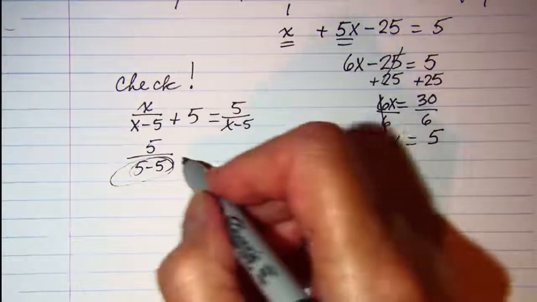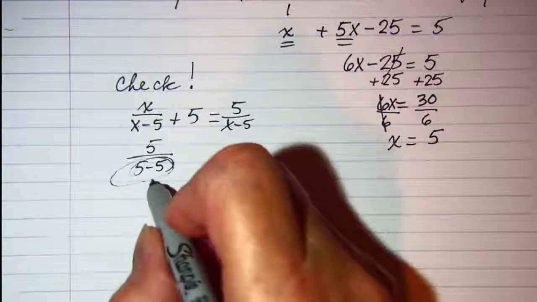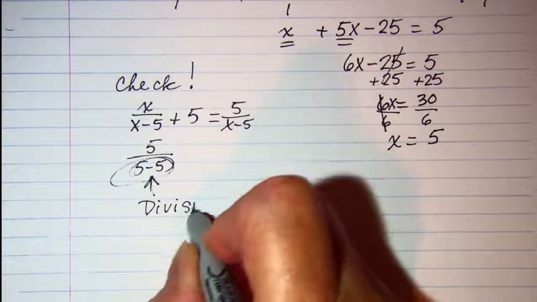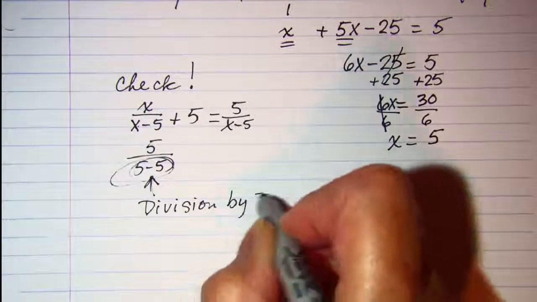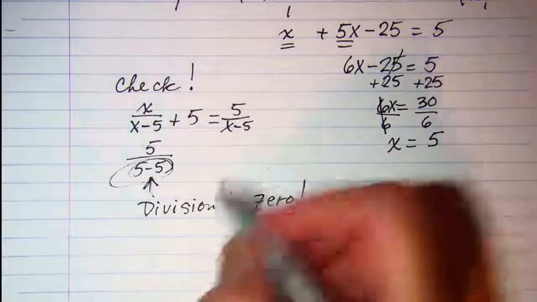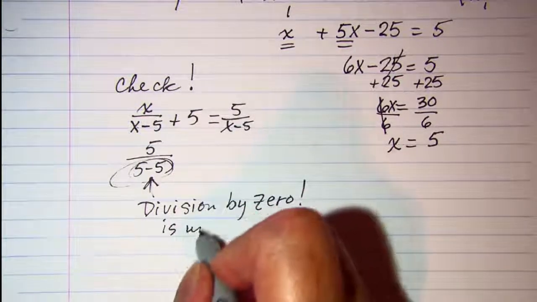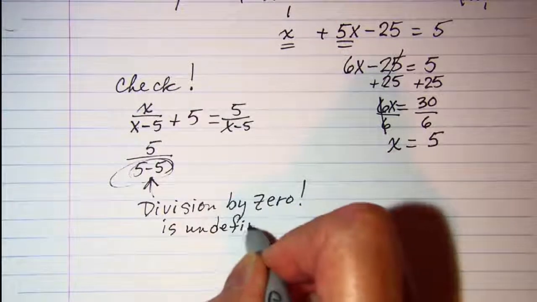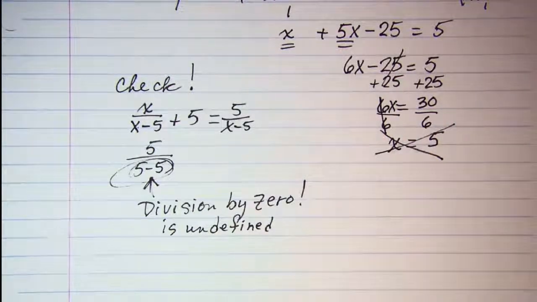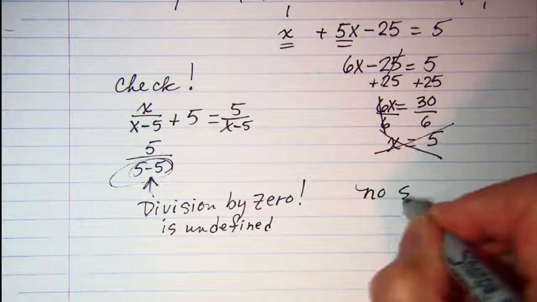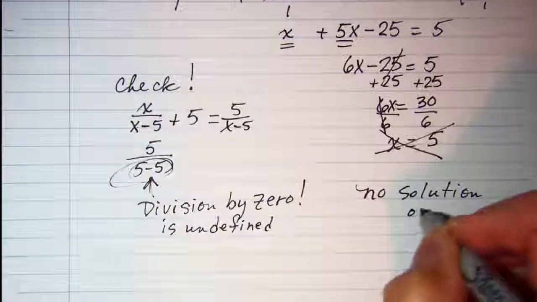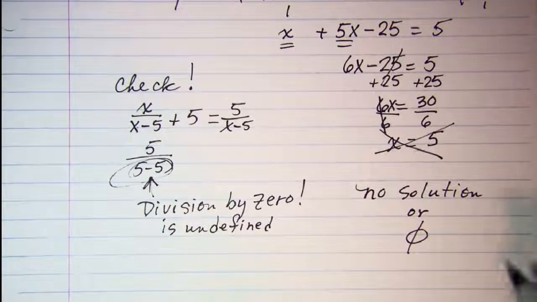Immediately, I don't even need to continue here, we see that the 5 causes division by 0. And that's not a good thing. Division by 0 is undefined. So we cannot use x equals 5, and we have to write no solution. Or, if you like, you can write this symbol for the null set.